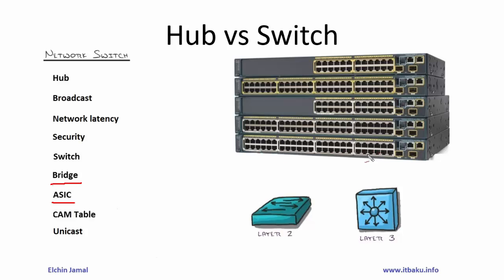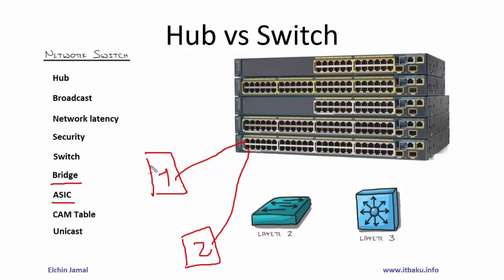So in this scenario, we have 5 switches here. Computer number 1 is connected to the first port, and computer number 2 is connected to the second port of the switch. Computer number 1 tries to send some information to computer number 2. For the first time, let's assume that we just unpacked our new switch and turned it on, or we just restarted it. Our switch doesn't have any information yet.